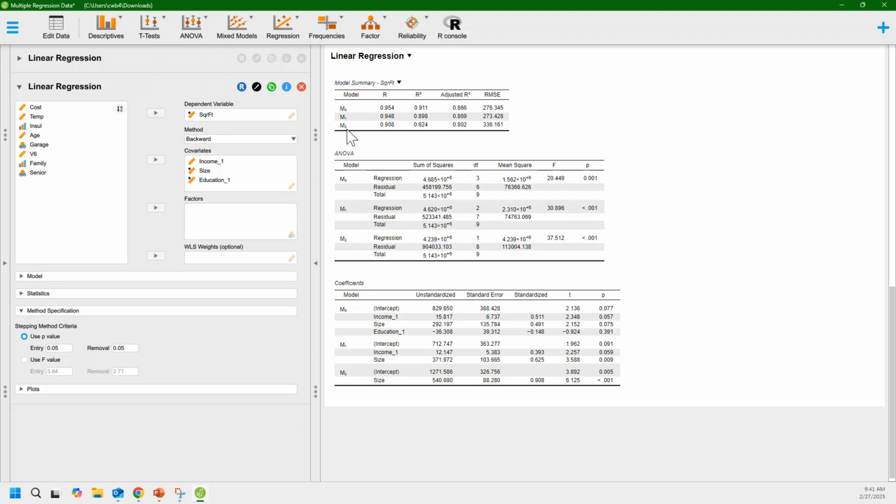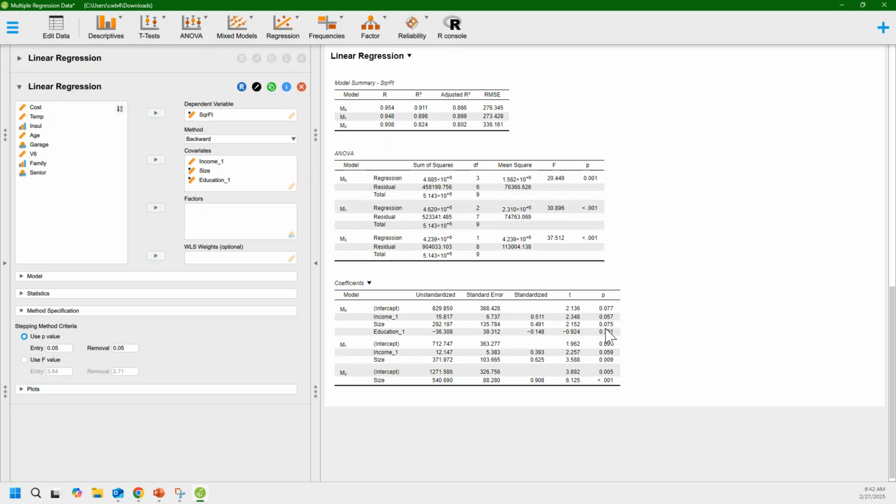If I look over here, I can see that I ran 3 iterations, so I have 3 separate models. My global F tests for each of those models are given here, and the p-values follow. And this tells me I started with my model with all 3 in there. Notice the first one that it eliminated after the first iteration was education.